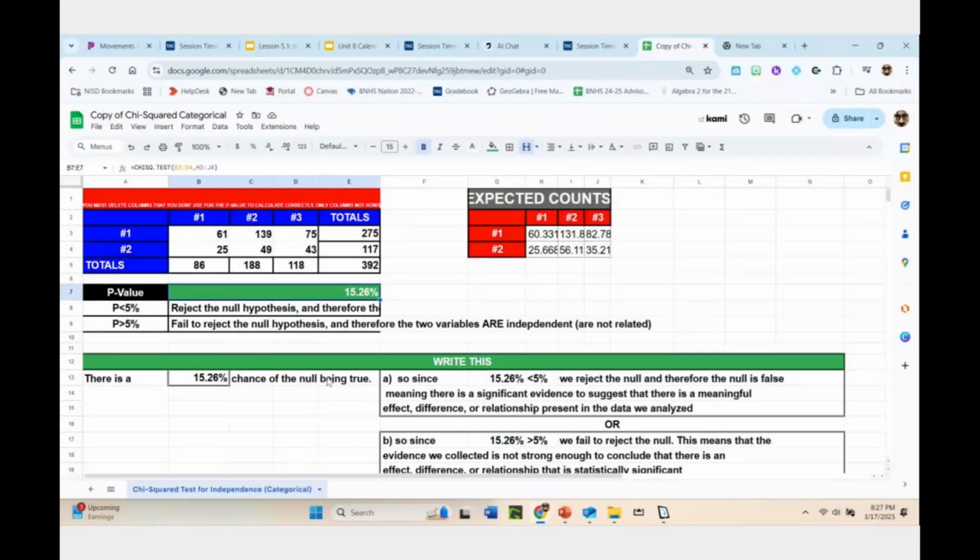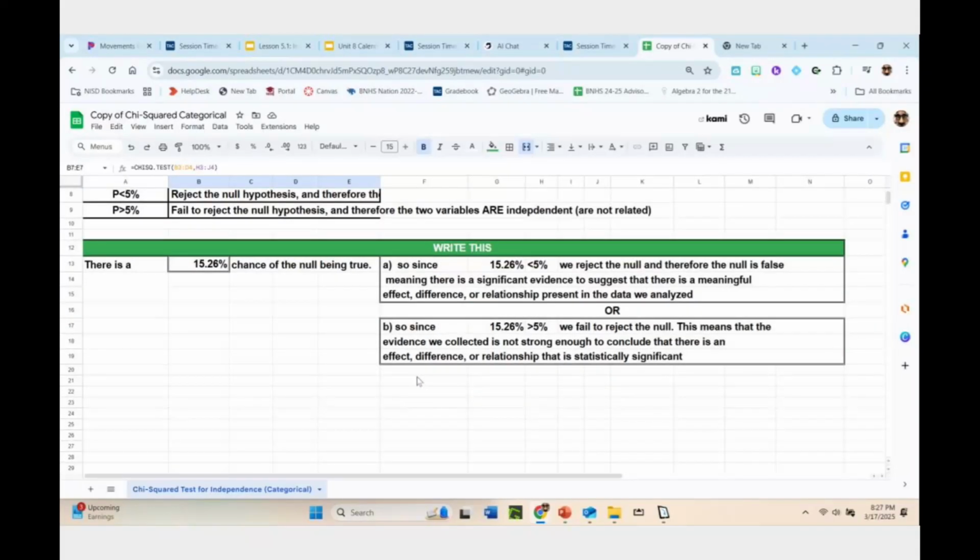If I calculate the p-value to be 15.26%, then we would say there's a 15.26% chance of the null being true, which means there is no relationship between the two variables we're looking at, in terms of gender and how somebody sneezes. Then we would look at that and say, okay, which one of these other things am I going to write after that? Is it going to be A or B? Well, 15.26 is greater than 5%, so I would be writing this B part. So there is a 15.26% chance of the null being true.